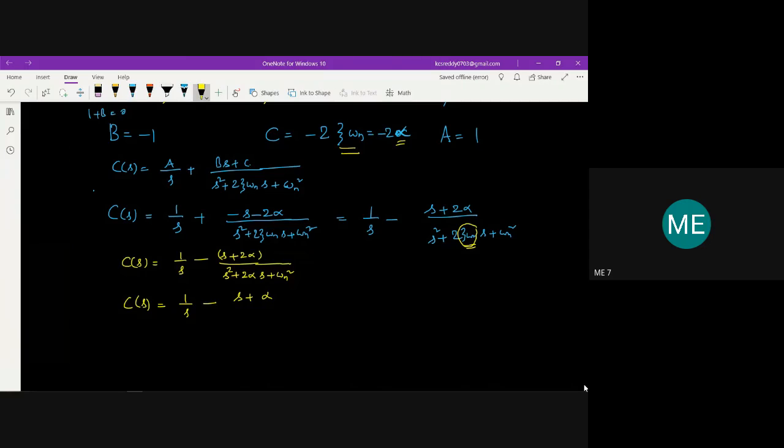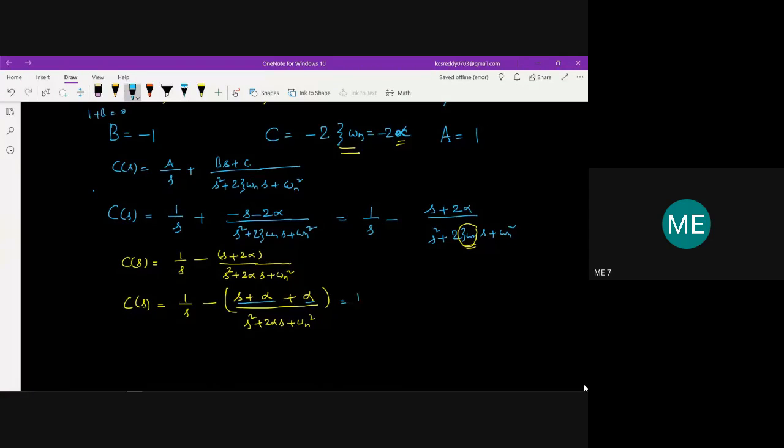Okay, s plus alpha plus alpha, I can write (s plus alpha plus alpha), whole divided by s square plus 2 alpha s plus omega n square. So here I will separate the terms. This one is one term and this one is one term.